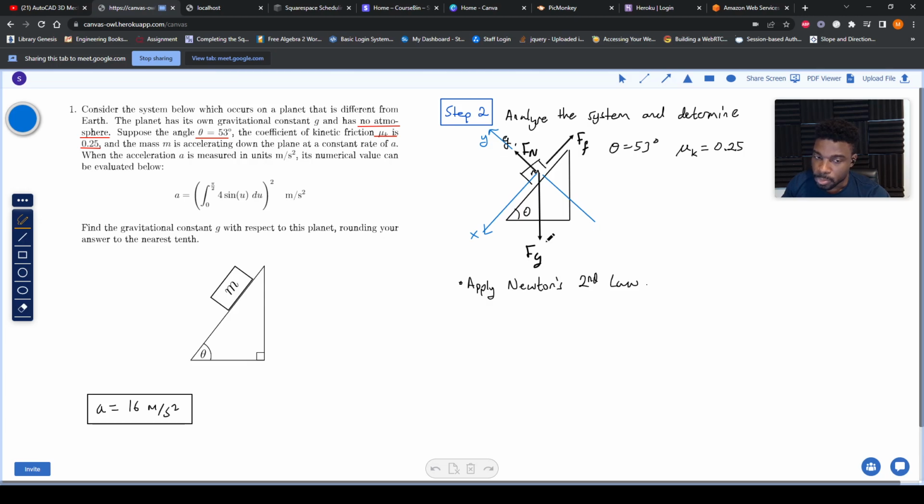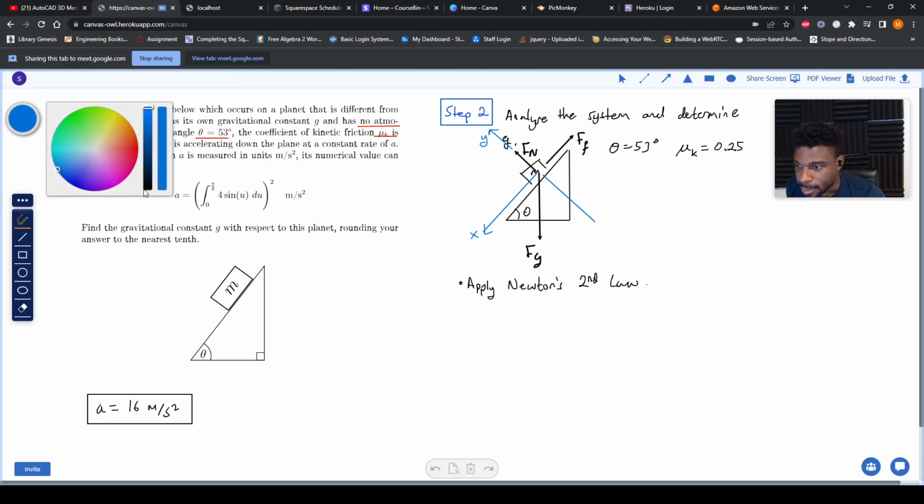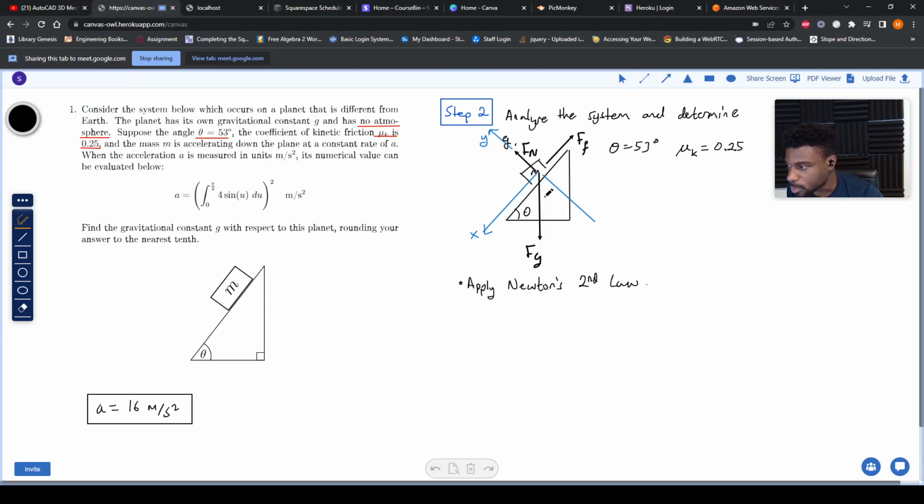So what we need to do is decompose this into both x and y directions. That way all of our forces are aligned along the axes, and then we can apply Newton's second law. To do that, it helps to notice that we have an angle here between our gravitational force and the perpendicular y-axis, right?